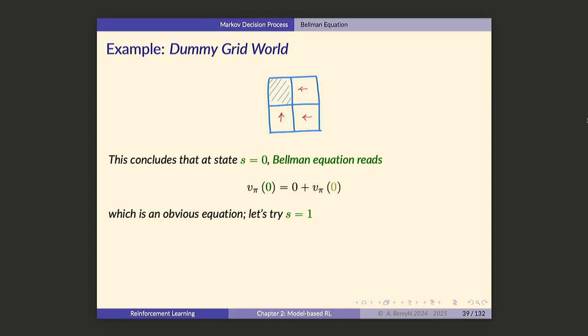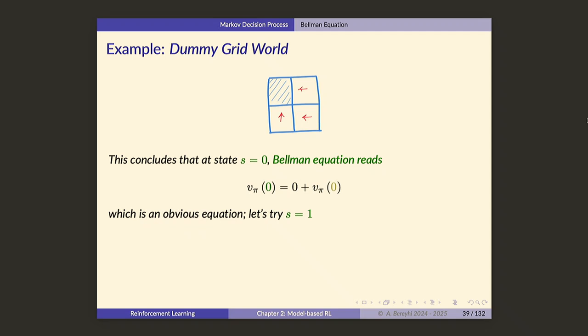We said this one is 1. This is 0, this is 0, this is 0, right? So these terms in the summation are going to disappear, only this one remains, and the immediate reward at state 0 is 0, so the outcome is going to be 0 plus v pi at 0.